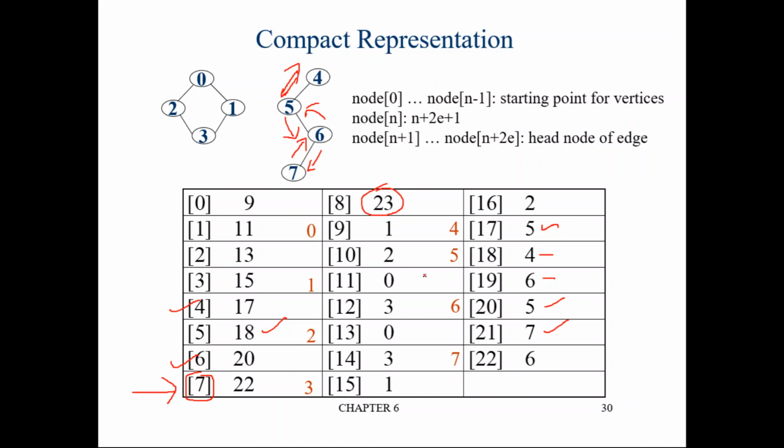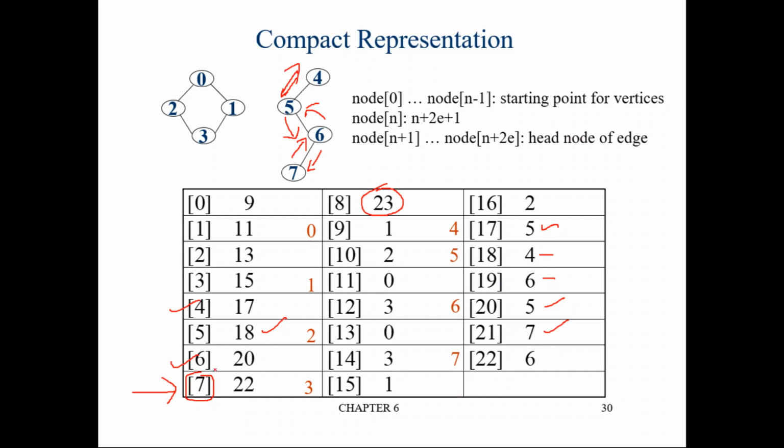For example, if there is an edge from 7 to 5 also, then this will be 5. Okay, so this is how we represent using what is called compact representation.